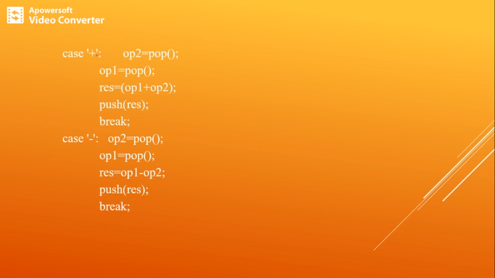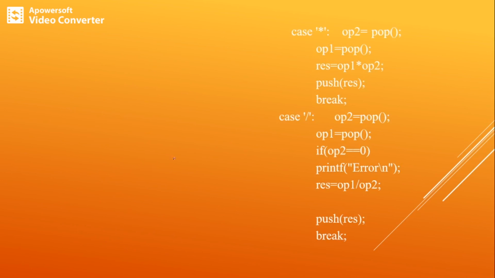Now here, if the operator is a plus, then pop the topmost 2 symbols, apply the addition operation and push the result back to the stack. Similarly, apply the minus operation. If the character is star, the corresponding operation will be applied on the topmost 2 symbols that have been popped.